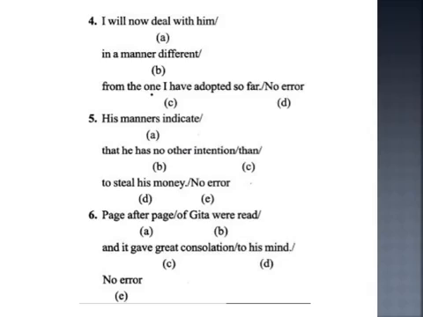I will now deal with him, A, in a manner different, B, from the one I have adopted so far, C, no error, D. Question number 5. His manners indicate, A, that he has no other intention, B, than, C, to steal his money, D, no error, E.